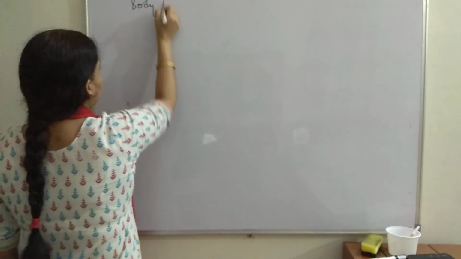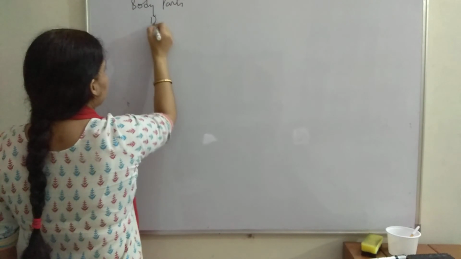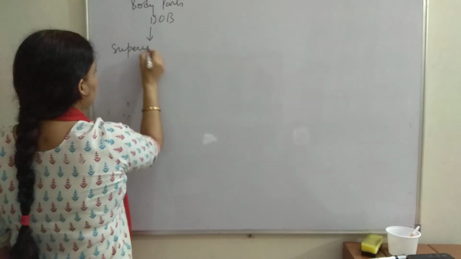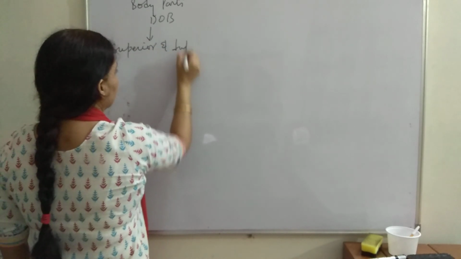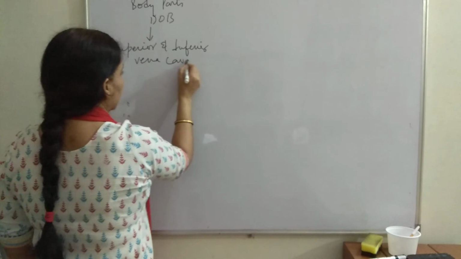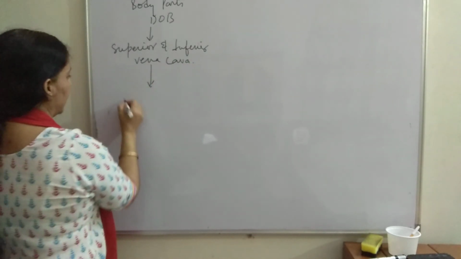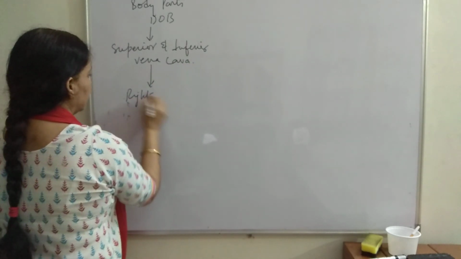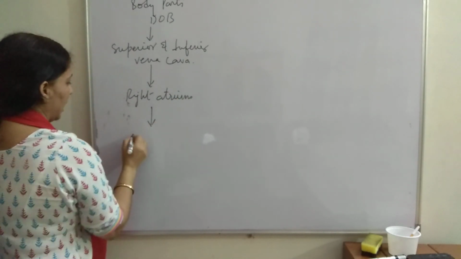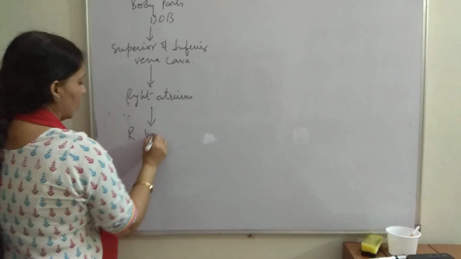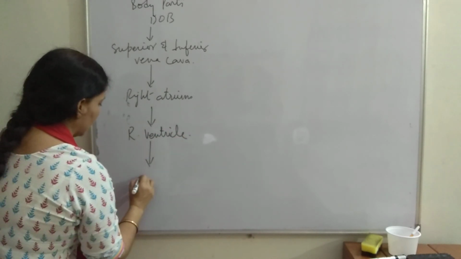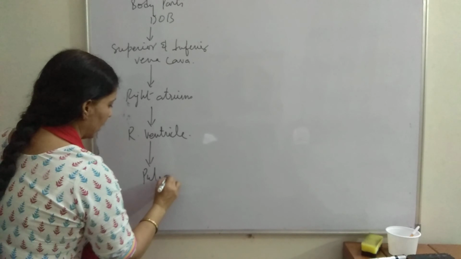From all body parts, the deoxygenated blood is collected by superior and inferior vena cava. Both of them bring blood into the right atrium. Right atrium, it goes to right ventricle. From right ventricle, it goes to pulmonary aorta.